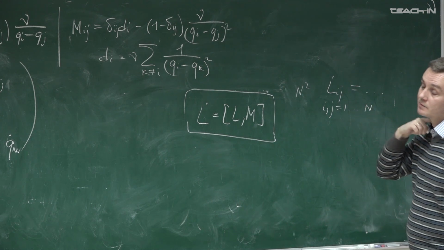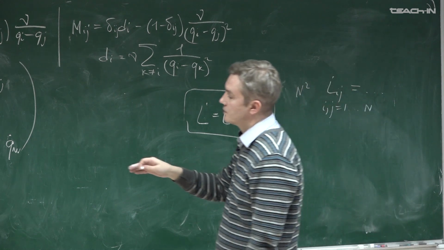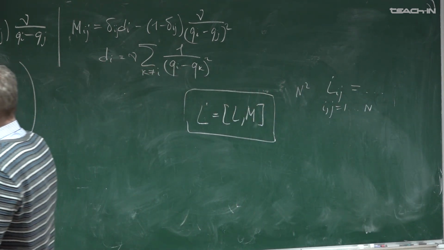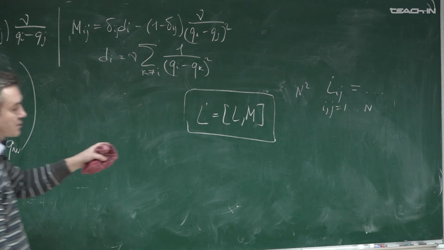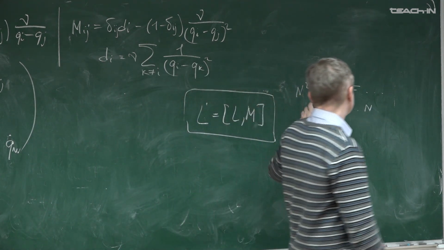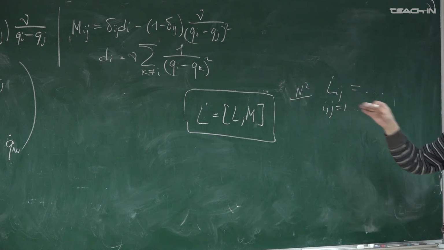And my comment was about that in Hamiltonian mechanics or Lagrangian formulation, you have only n, or in Hamiltonian case 2n equations. And here we have n squared equations. So we have a larger number of equations in this example.